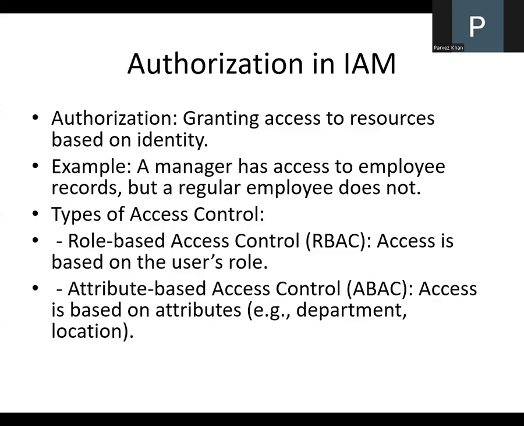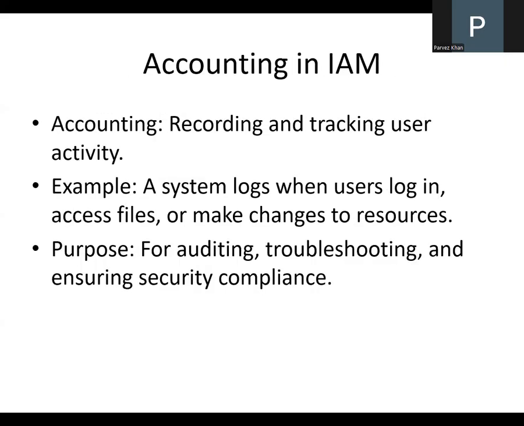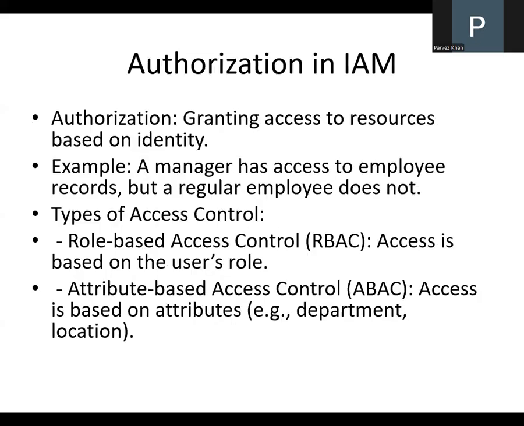So there is access control. There are access controls available: role-based access control, attribute-based access control, and many other controls that we are going to speak about further. What is role-based access? From the word role itself, we can tell what kind of access control it is.